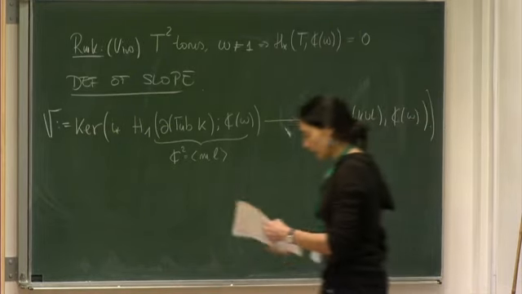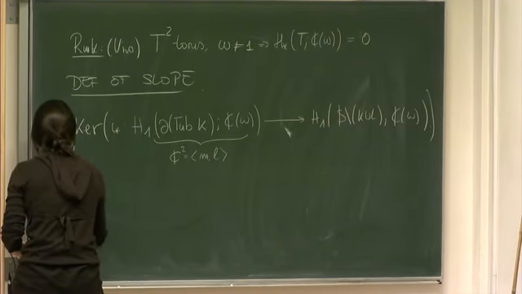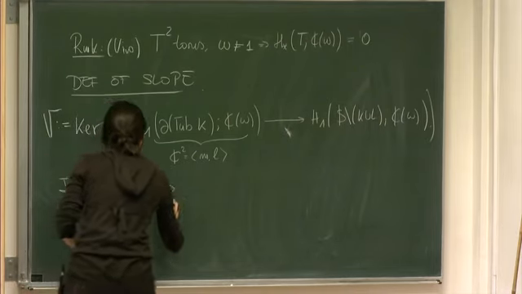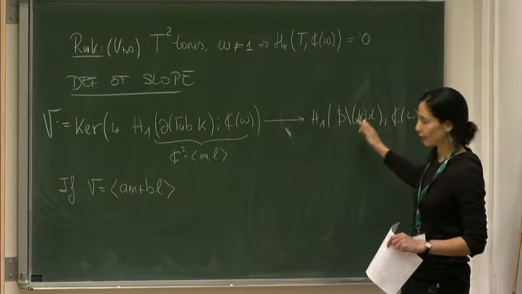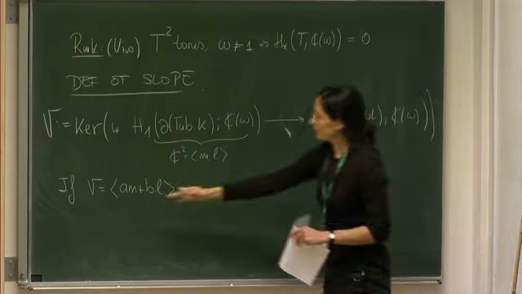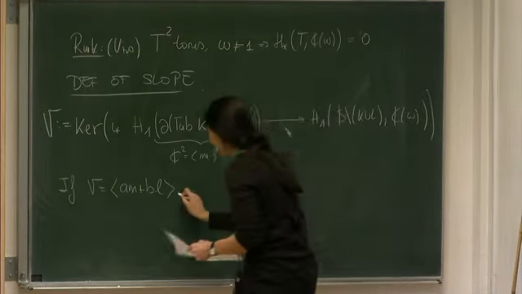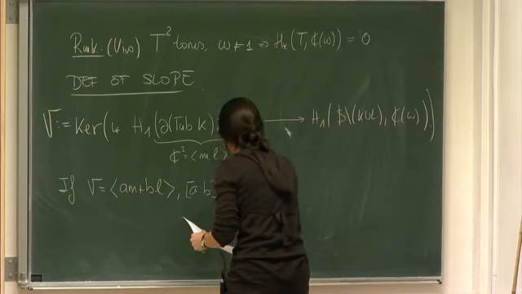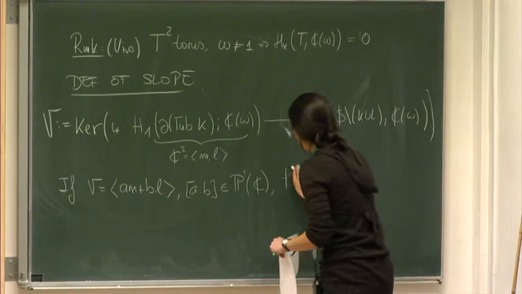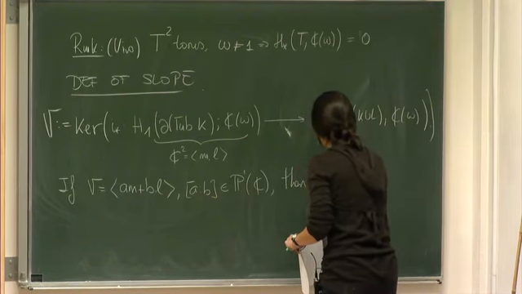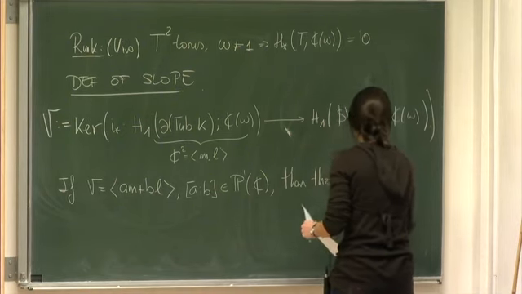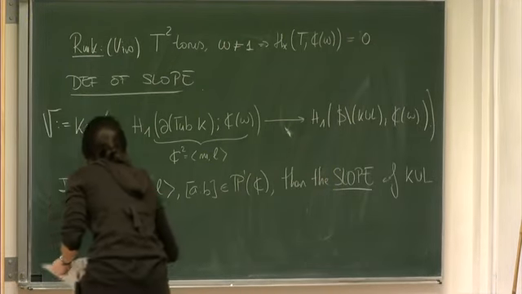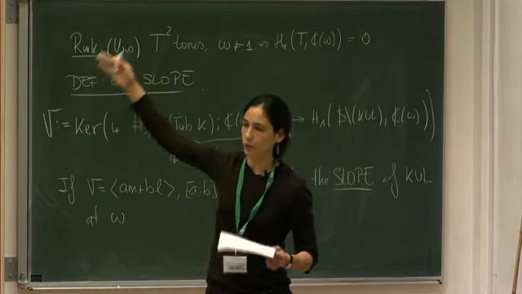So I'm going to look at this, and the definition is the following. If this vector space is generated by one single vector, so if the kernel has dimension 1, and let me say that it's generated by this, so A and B are just two complex numbers up to scalars, then the slope of K union L at omega is given by the following expression.